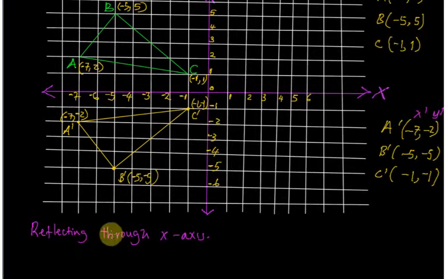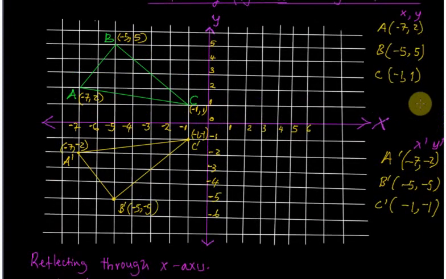So x equals x dash. But how about y? Values of y here are all positive, but values of y dash are all negative, which means to get values of y dash, you multiply values of y by -1.